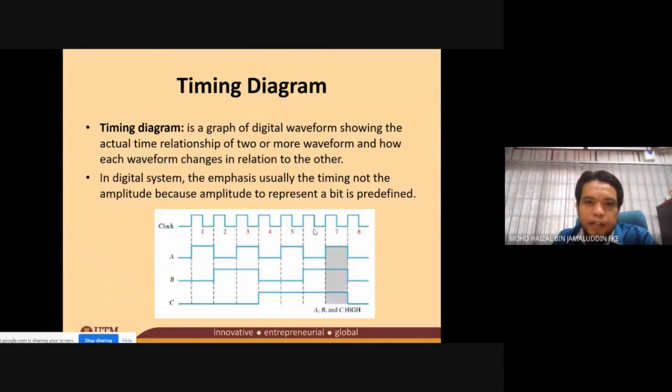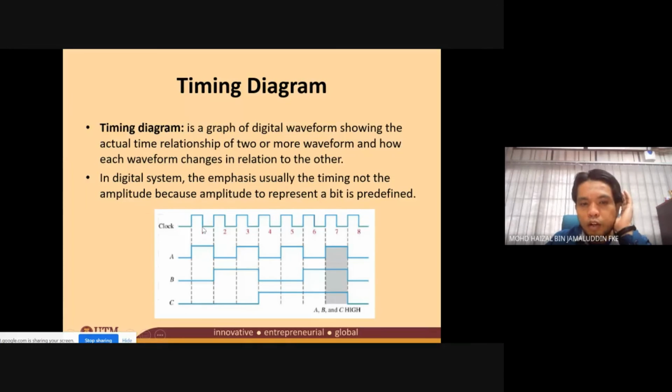Another important part is the timing diagram. What is a timing diagram? It's a graph or digital waveform showing the actual time relationship of two or more waveforms and how each waveform changes in relation to the others.